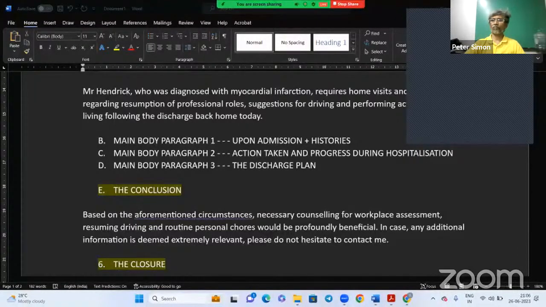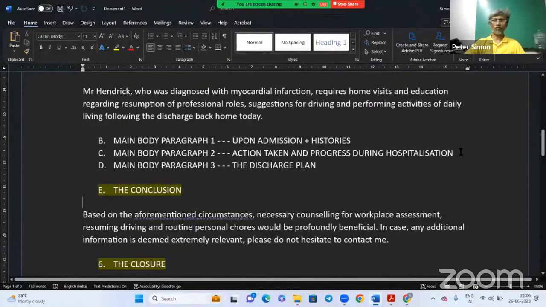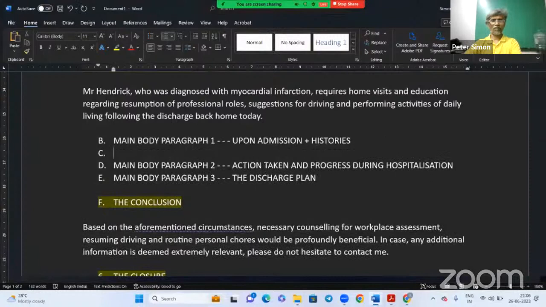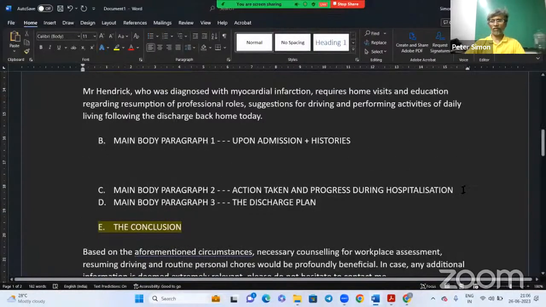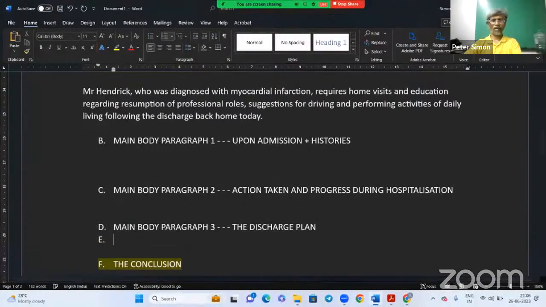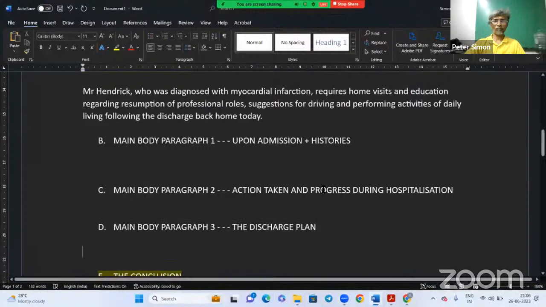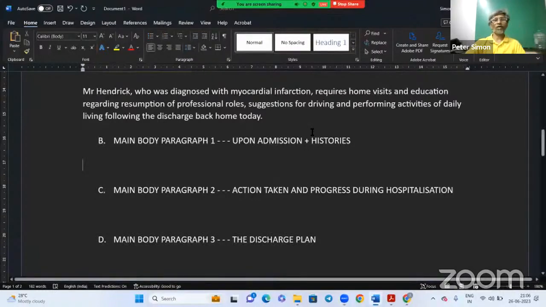Yeah. So now we'll have to go to the discharge, so histories. This is related to histories and admission. Then this second paragraph and the discharge plan. So these are remaining now.